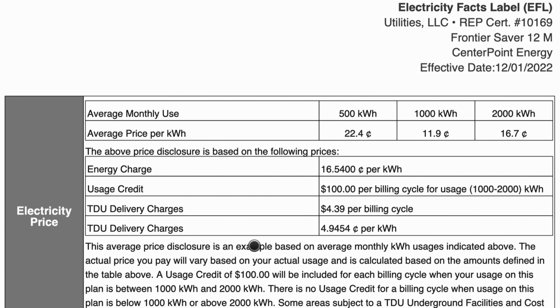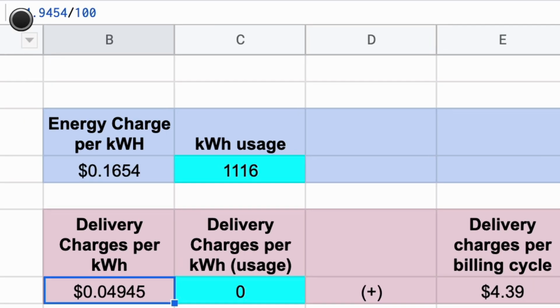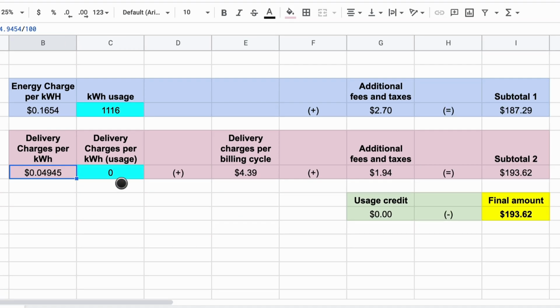Now let's compute the other part of the equation. Depending on where you live, you're going to have different delivery charges, but usually you have a fixed rate per cycle, which in this case is 4.39. These are dollars. And then we have the delivery charges based on kilowatt hours, which in our case is 4.9454. So let's take these numbers to the equation. We take 4.9454 divided by 100, so this is now in dollars, and then we multiply by the usage, 1,116.